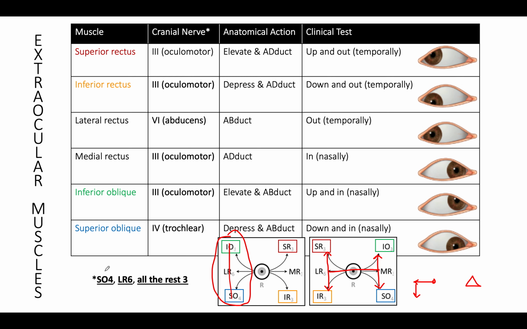Superior oblique is a little more complicated for now, but basically your head would be tilted, and you would have trouble moving your eye on a clinical test, or the anatomical action, you would have a hard time depressing and abducting your eye. So in a clinical test, the person would not be able to go down and in nasally. Okay, hope this helps.